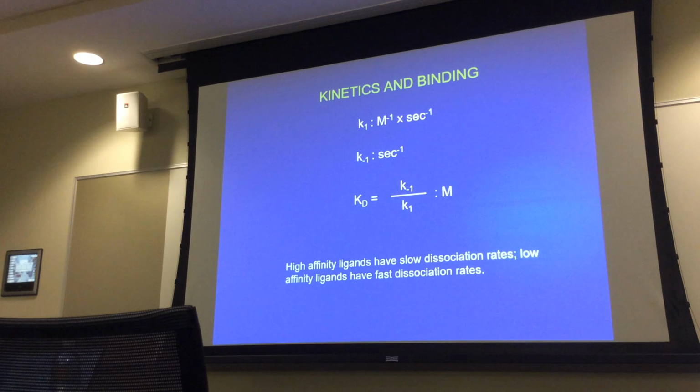This is really fundamentally important because the whole system about the ways that receptors and neurotransmitters and hormones interact, and we'll see this both today and in the next lecture, involves this relationship between dissociation rate and affinity. So just remember that. If a drug has a high affinity, it has a slow dissociation rate.